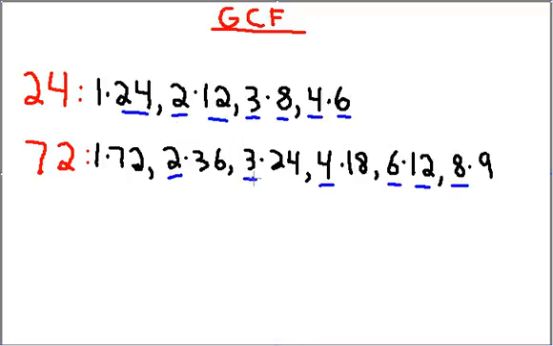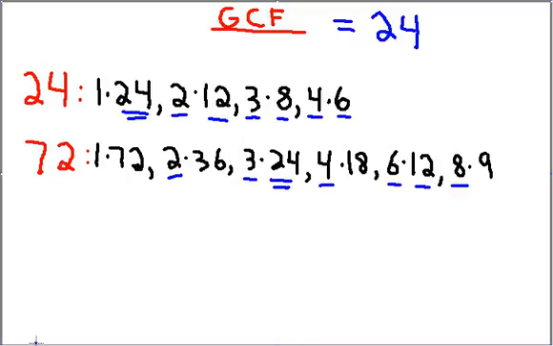And lastly, 24 is a common factor to both numbers. Now the question is, out of all of these common factors, which is the greatest? Well, 24 is the greatest. So the greatest common factor between 24 and 72 is the number 24.